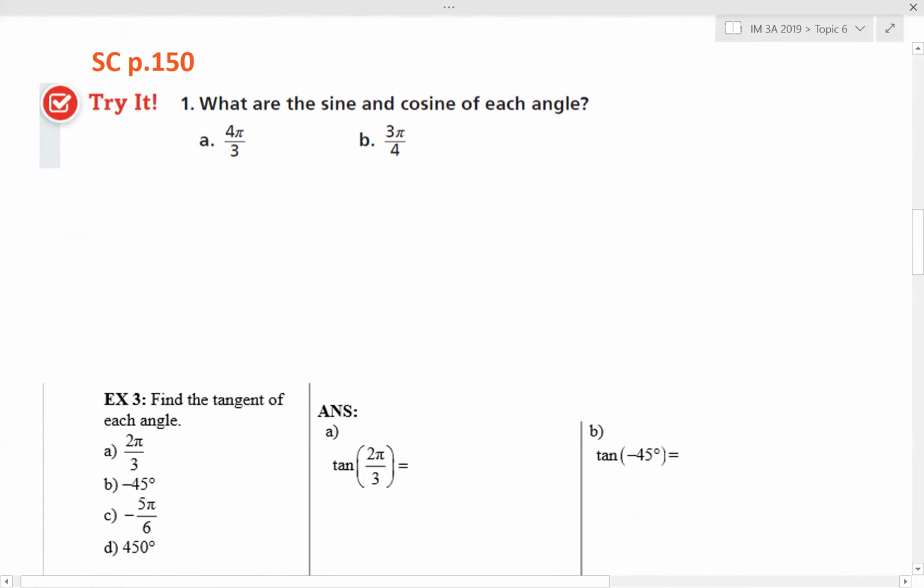You're just finding the sine and cosine of each of those two angles. So pause the video and write the answers down or check the answers with students once they've gotten that solution, and then we'll resume the video once everyone has finished that problem and gone over the answer. I'll display the answer in a second.